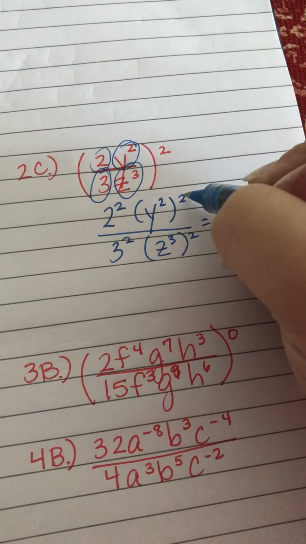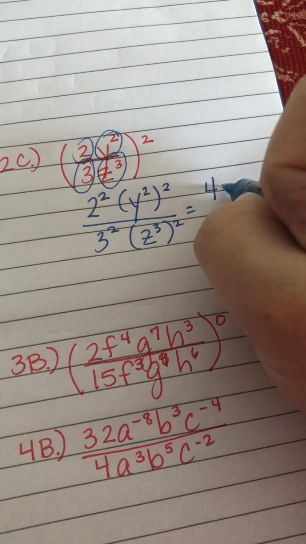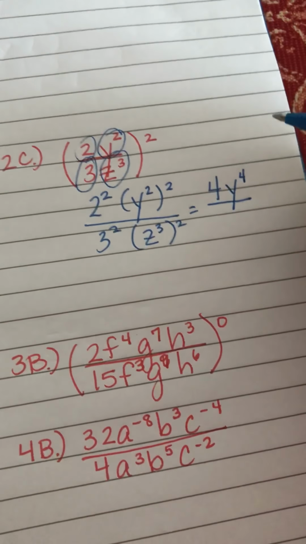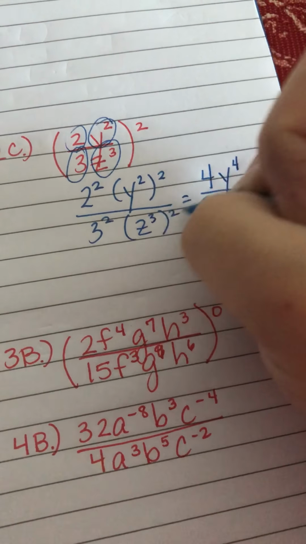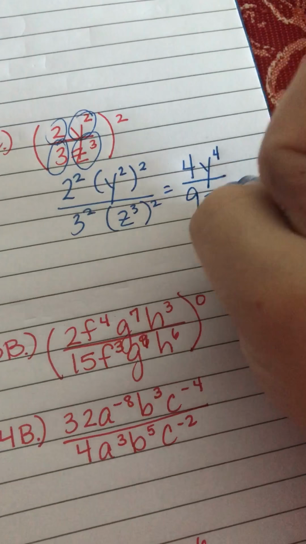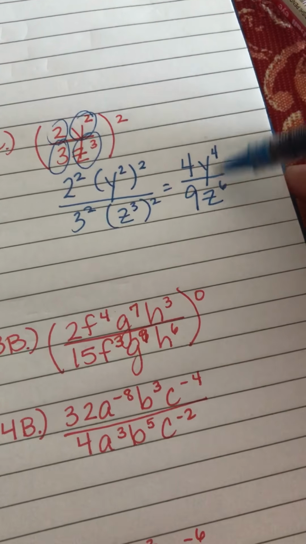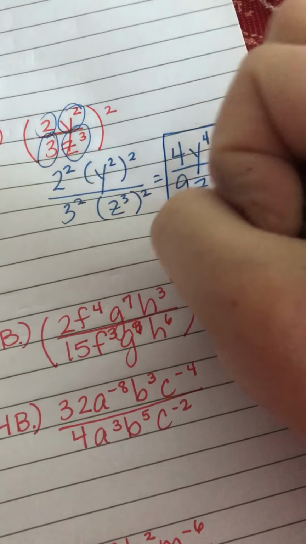This has parentheses and an exponent outside, so this is my multiplication rule. 2 times 2 is 4 again, so I have y to the 4th, over 3 squared is 9, 3 times 3. And multiplying these exponents would give you z to the 6th power on the bottom. Okay, there's no like bases anymore, and this 4 over 9 cannot be simplified, so I'm finished with this problem.